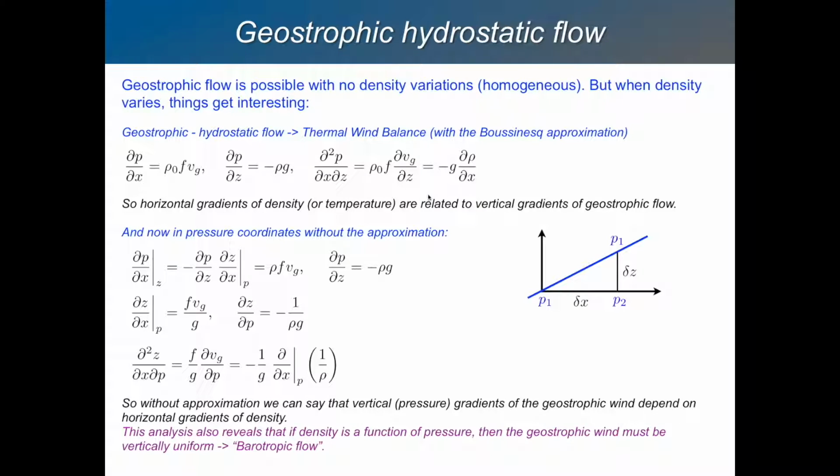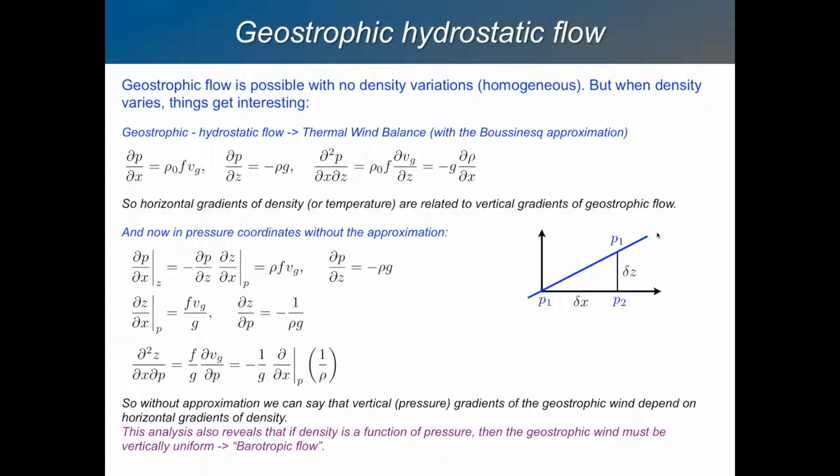And it is, if instead of using z as our vertical coordinate, we use pressure. So here is a pressure surface in zx space, with P1 here, P2 here. There's a horizontal gradient of pressure. Of course, along this surface there is no change in pressure because it's a pressure surface.